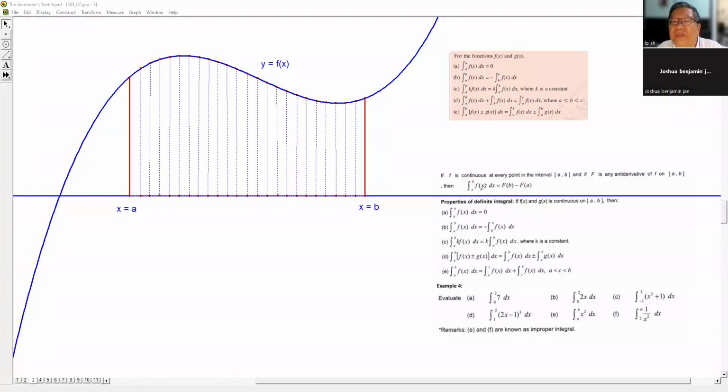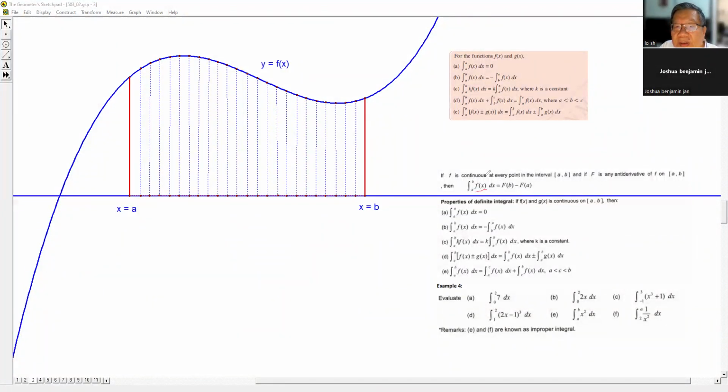And actually, what does this integrate from a to b fx dx mean? It means like this. Let's say this function fx, and if we plot this function fx, it's a curve like this. And if you want to integrate this function from a to b, from the lower limit until the upper limit, so you draw two lines here. One is x equal to a, another one is x equal to b.